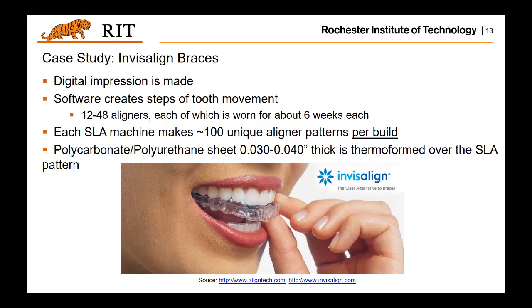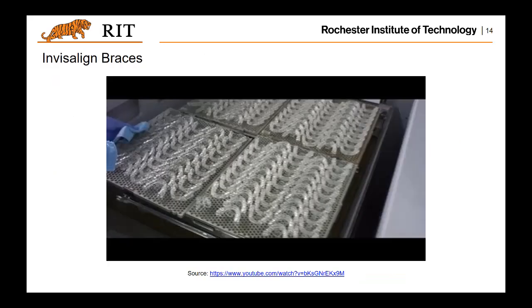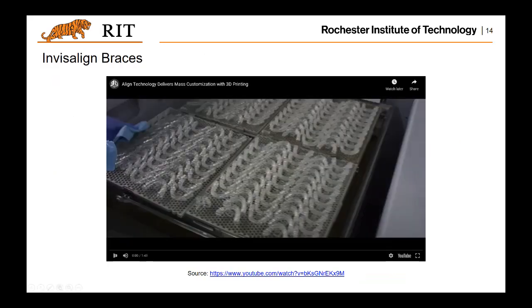Basically it is the same material as your credit card, right? Just think of how rigid your credit card is. In that sense, it is strong enough to force your teeth to move to the proper position. And let's look at its process. Let me show you this.